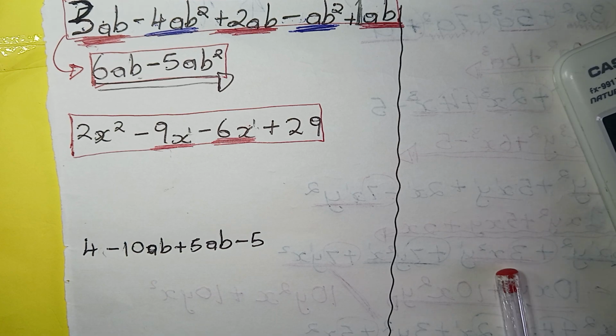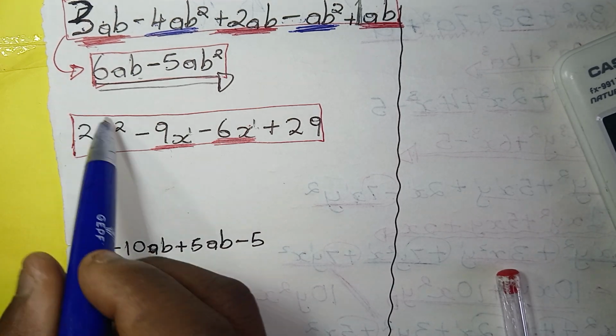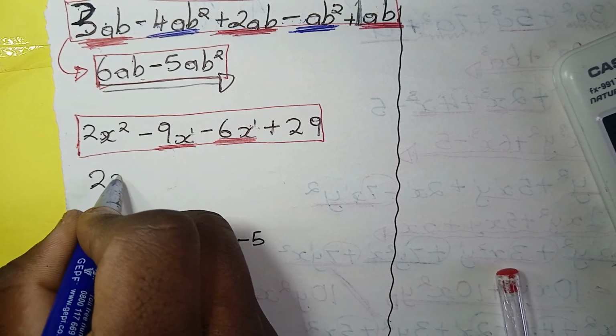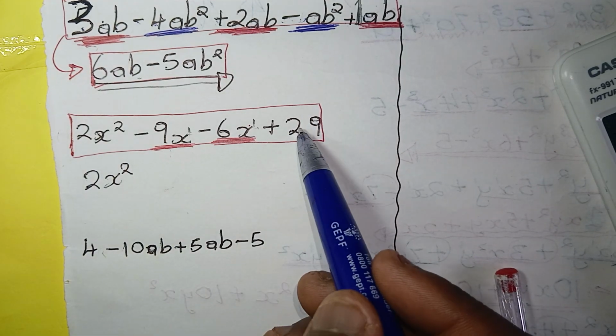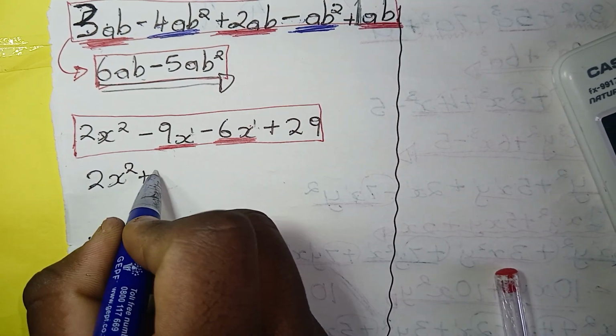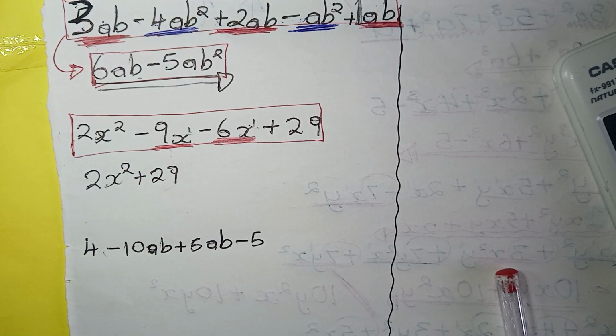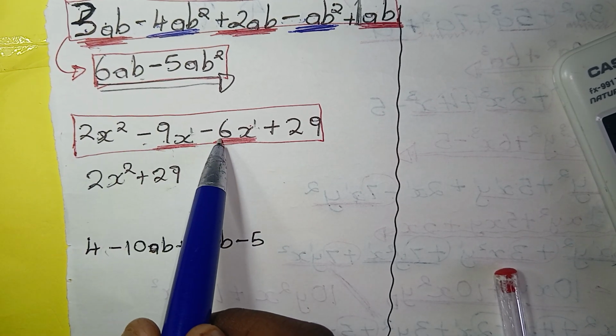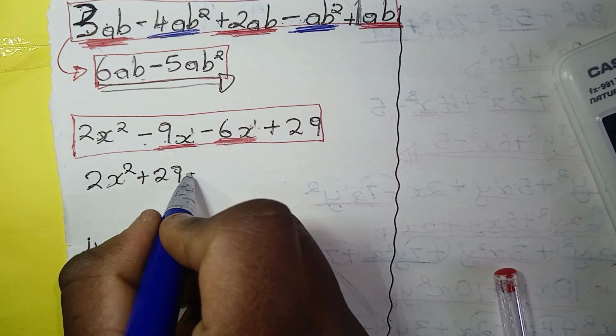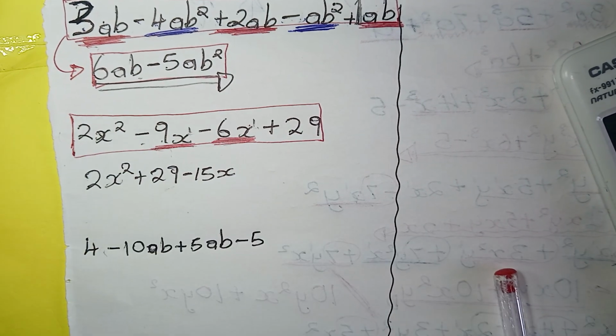So when you collect these like terms, you can see this thing is not a like term. You can put it down the way it is. Even that one, you can put it down the way it is. Do you see? And when you collect like terms here, it's minus 9, minus 6. So this will give you minus 15x.